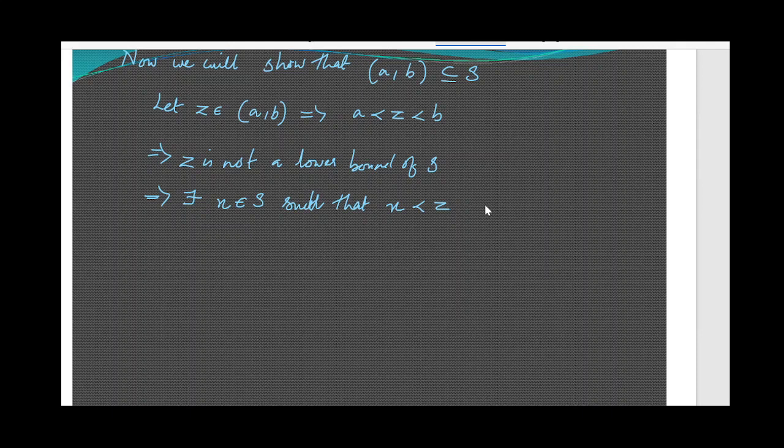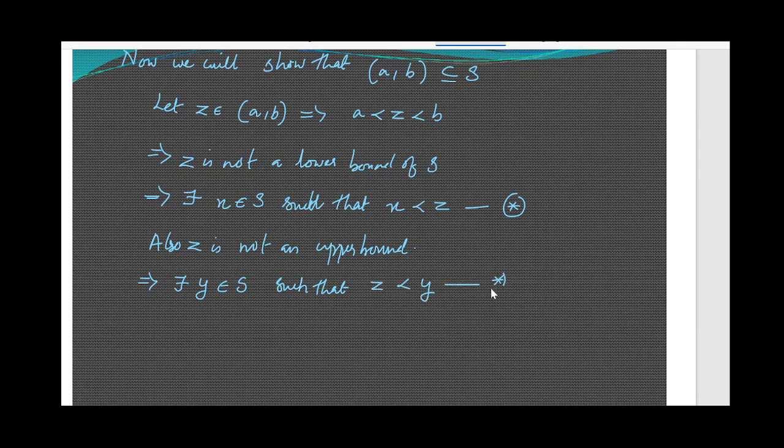Now also here z is not an upper bound, right? Because z is lying between the infimum and supremum. So this is not an upper bound, which implies there exists some y belonging to S such that y is greater than z, or z is less than y, right? Call this double star. Now what do we have?